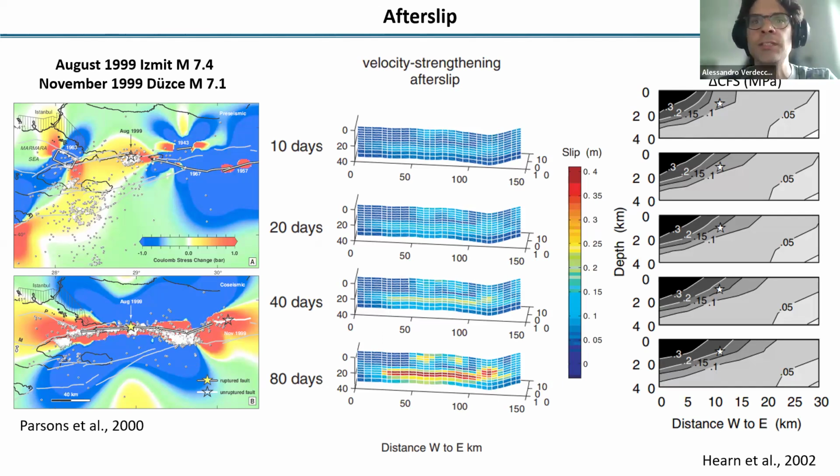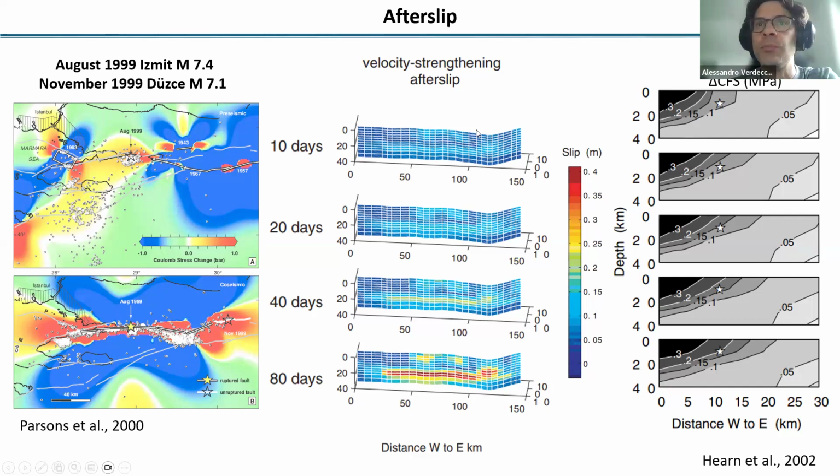And the conclusion is that the static co-seismic stress changes alone from the Izmit earthquake were not enough to trigger the Düzce earthquake. And their hypothesis is that the fault, the Izmit fault, continued to move aseismically.